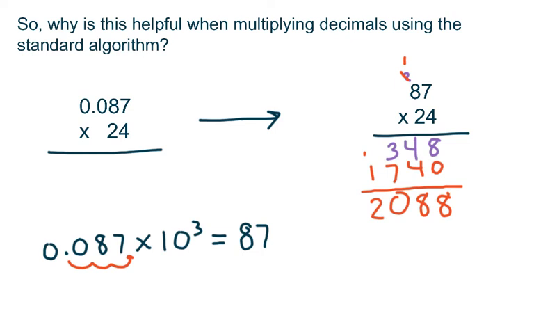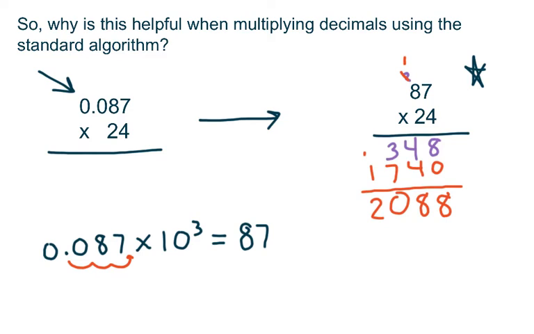So why is it helpful when multiplying decimals using the standard algorithm? Well, for one thing, we already know how to multiply whole numbers using the standard algorithm. So if you can imagine the decimal factor as a whole number, it actually makes this quite simple.